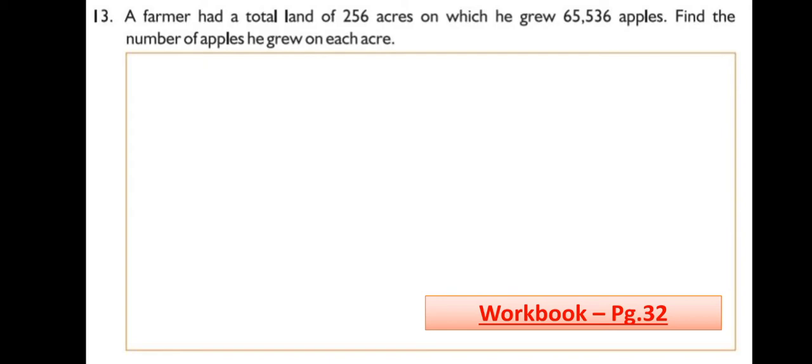Okay. So a farmer is having a land of 256 acres in which he grew 65,536 apples. So you have to find how much apples will grow on 1 acre. So divide the total number of apples by total number of acres and find out the answer.